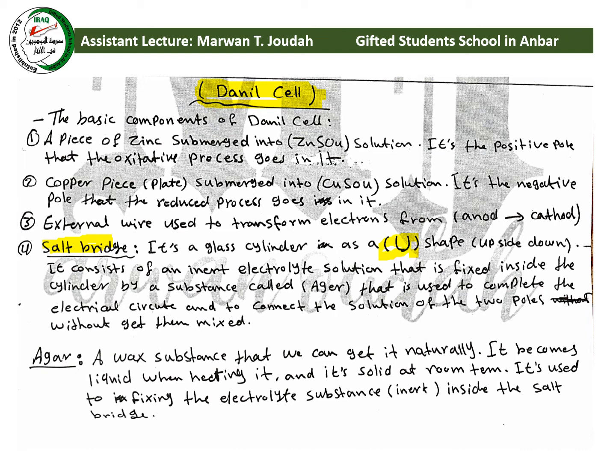What is agar? It's a wax-like substance that we can get naturally, we cannot make it. It becomes liquid when heated, and it is solid at room temperature. So it's solid, but when the temperature goes up, it will melt.